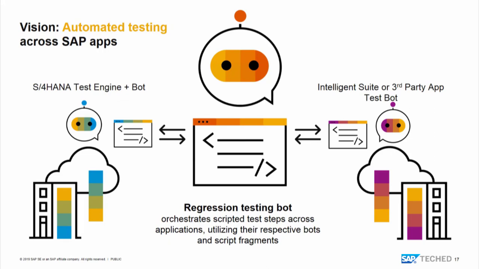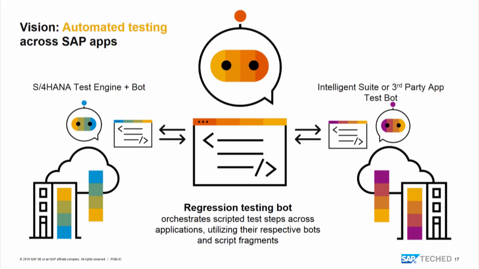A pretty similar approach we also want to apply to testing. We have learned from you customers that testing, especially regression testing of integrated scenarios, is still a pretty big problem. Right now, in most cases, you can automate any kind of process step within your S/4HANA Cloud application, but you can't do the same thing for the other side of an integration. So your automated process stops wherever it hits another application.